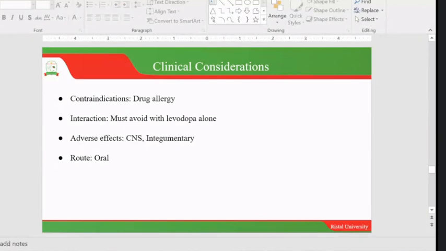I think it has something to do with the dopamine neurotransmitter, something around that route.